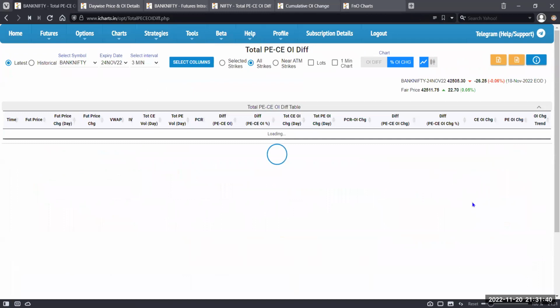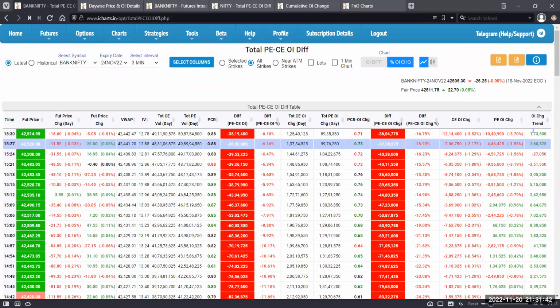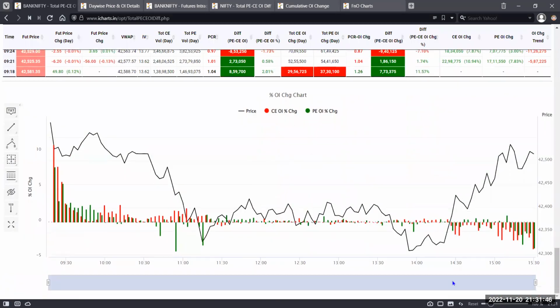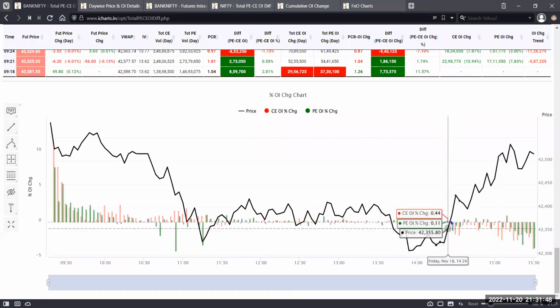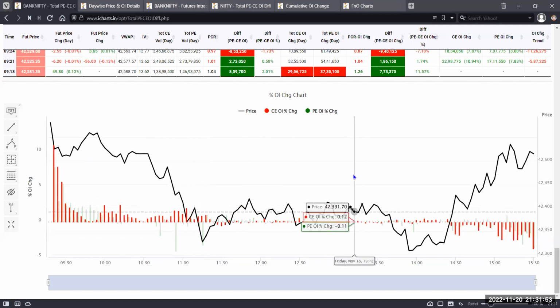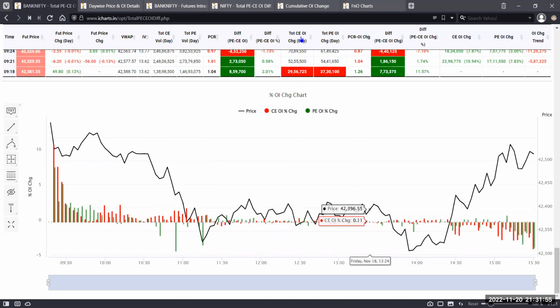Again, the idea is to identify which side the market is going, which side the buildup is happening and all that. So based on that, you would position yourselves. Positioning means you can sell, you can buy, you can do whatever way you trade. So there's nothing specific as such for selling or buying. You can do whatever you want.